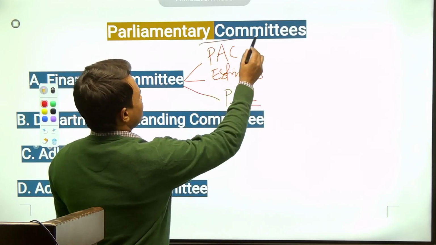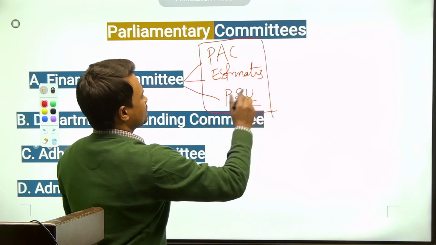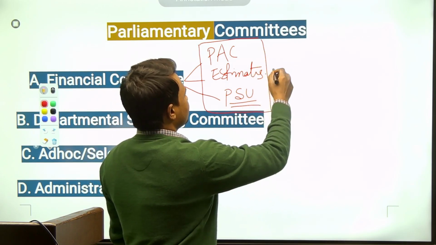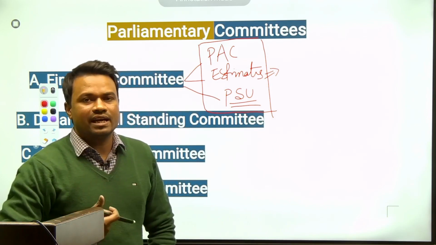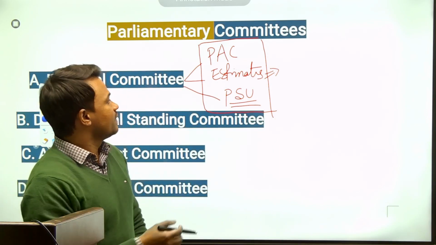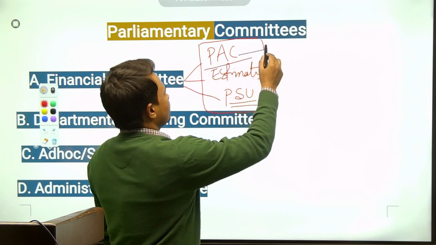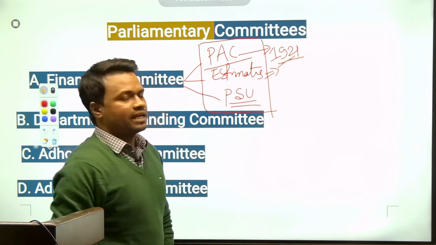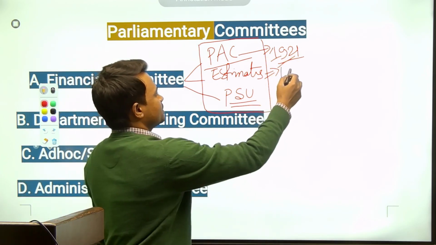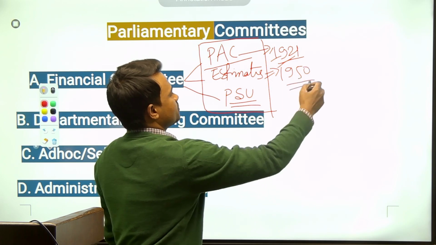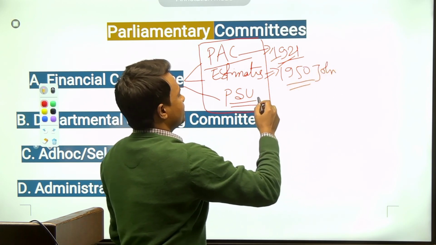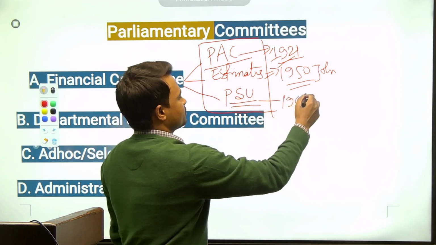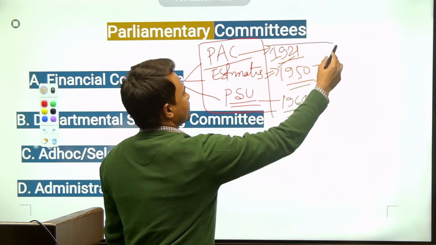Generally these are the important committees that look after or scrutinize matters of expenditure and finances. So for that reason they are known as financial committees as well. The PAC in India began its journey in 1921, the Estimates Committee is from 1950 after the John Mathai recommendation, and the PSU committee, that is the Public Sector Undertakings committee, is from 1964.